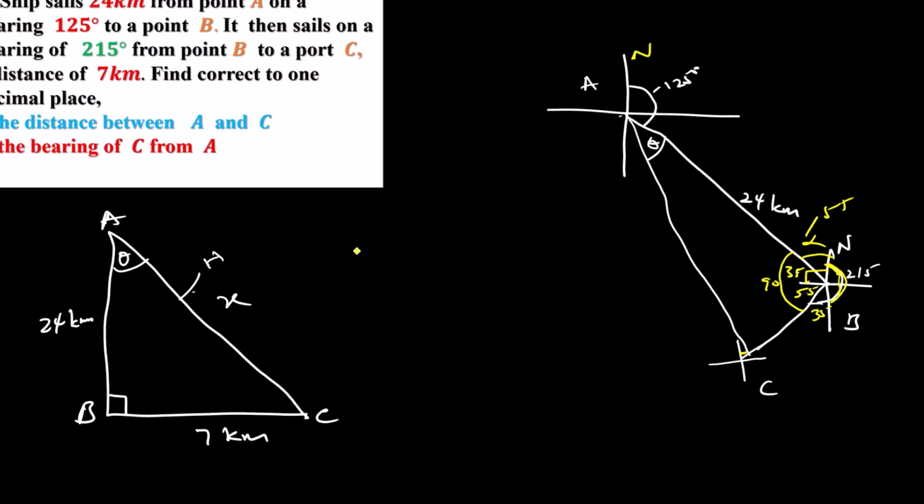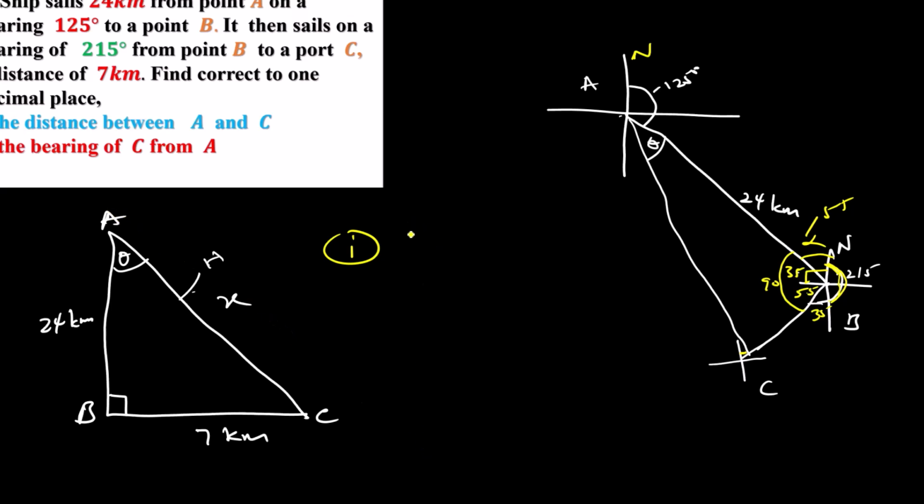So the distance between A and C. We can apply Pythagoras theorem, which says the square of the longest side is equal to the sum of the squares of the other two sides.